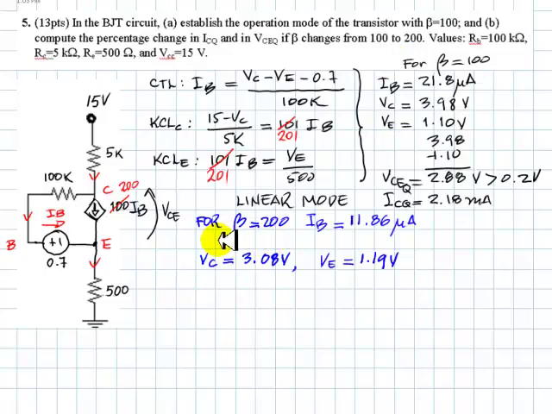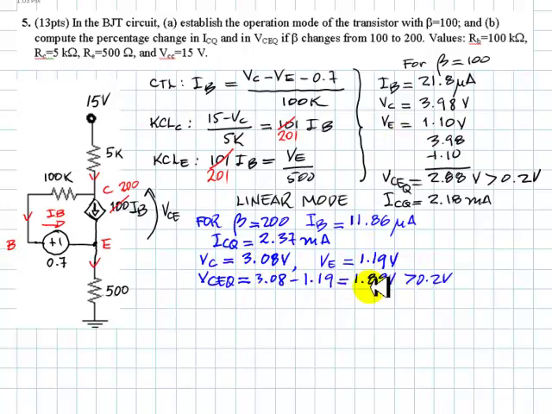So the collector current, which is one of the values we want to compute, will be 200 times the base current, and that is 2.37 milliamps. We got to compare that with the value we had before for that current, 2.18 milliamps. But let's determine VCEQ for beta 200, that is 3.08 minus 1.19, which is 1.89 volts.